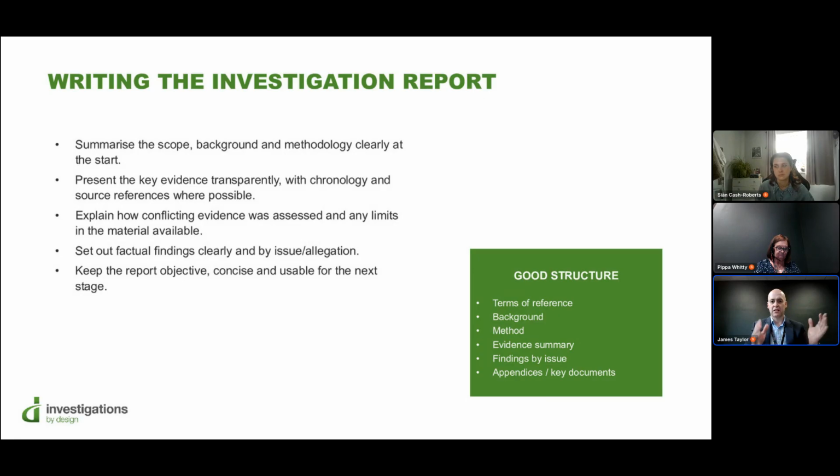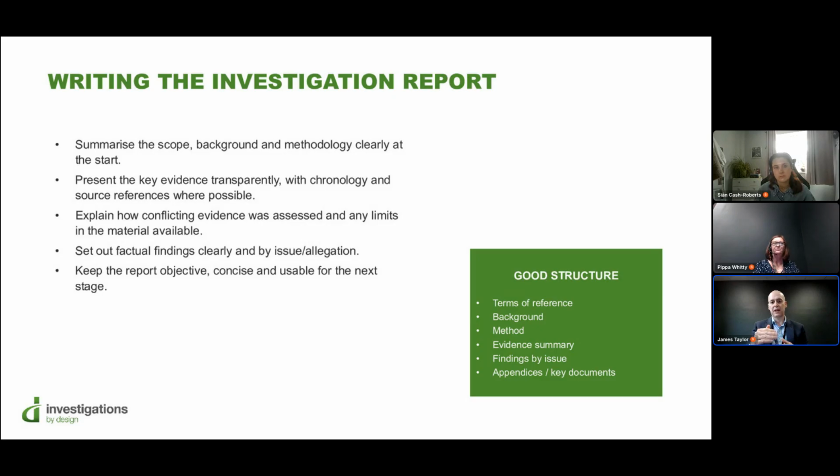Now, I think in terms of where there's conflicting evidence, the report should explain how those conflicts have been assessed, any limits to the material available, and explain all of this within the rationale of the report. Now, the structure should be easy to follow.